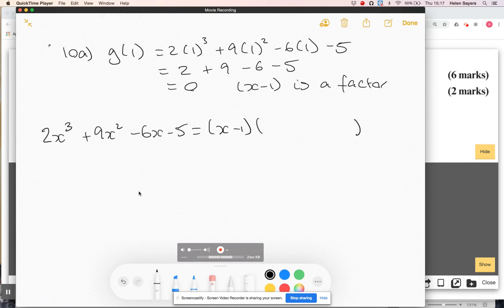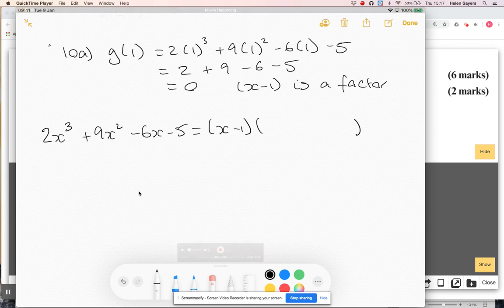If I think of this in reverse, if I was multiplying these brackets out, the only cubed term will come from x multiplied by the x squared term. So that tells me the first term in that brackets must be 2x squared, because that's going to then give me 2x cubed.